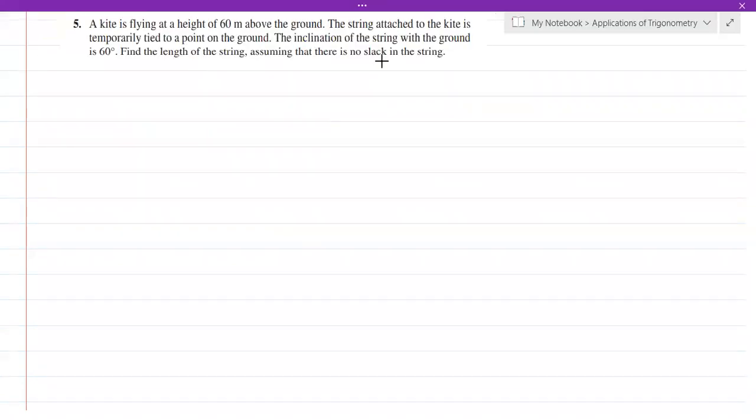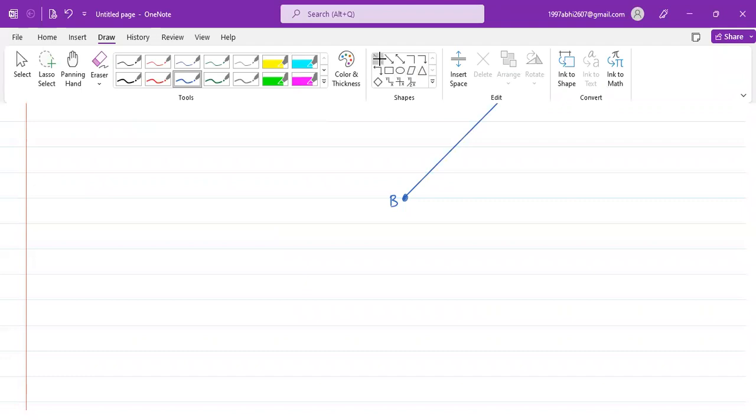Okay, let's say this is a string that is tied to the ground. Let's say it is tied at this point and we have got a kite here at this point A. B is the point where it is tied to the ground, and the kite is flying at a height.